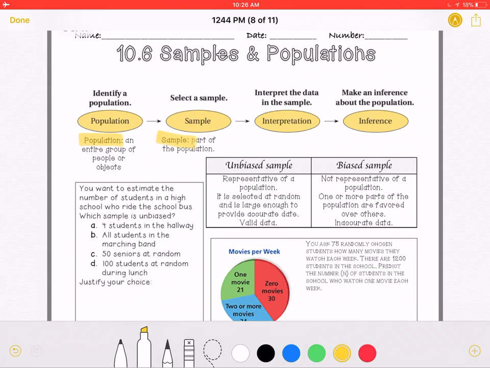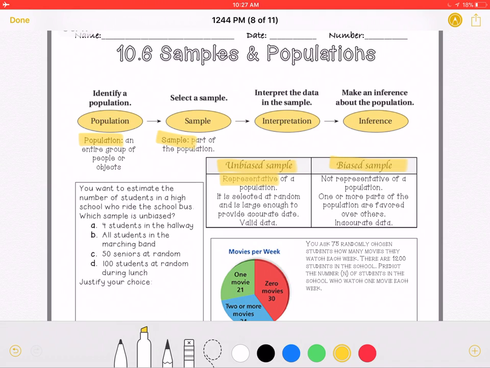So real quick, an unbiased versus a biased sample. Think about the words unbiased versus biased. When there's an unbiased sample, that means that it is representative of the population. It's a good indicator. Those results are valid.